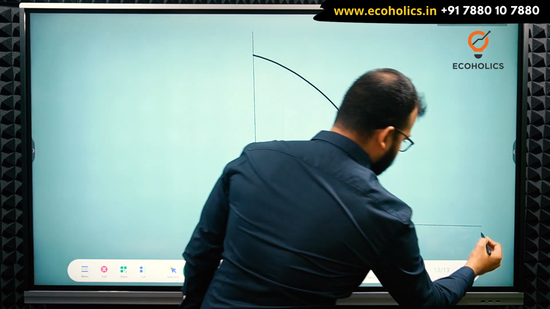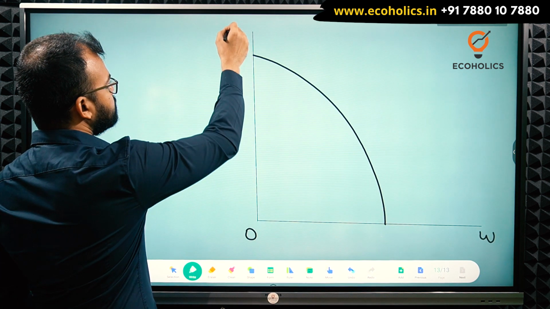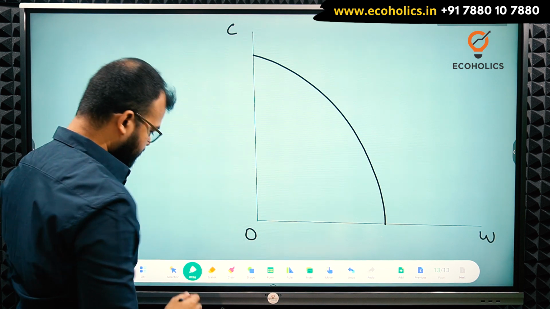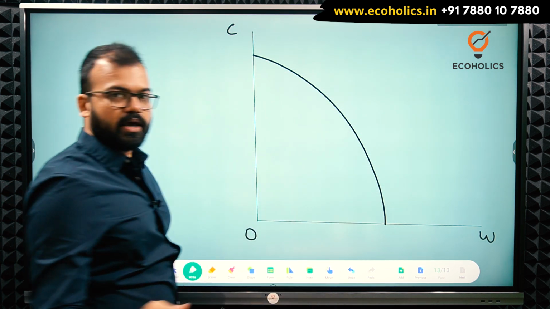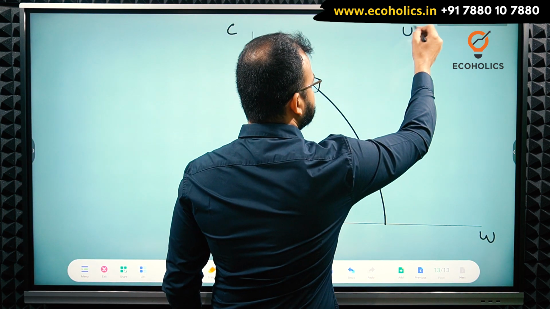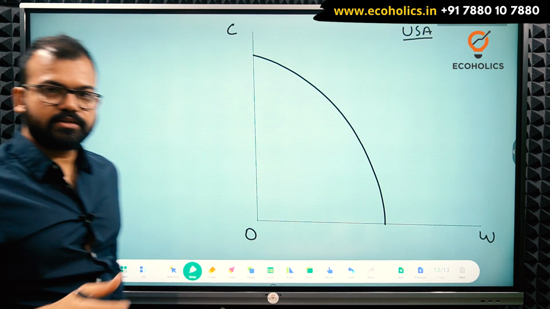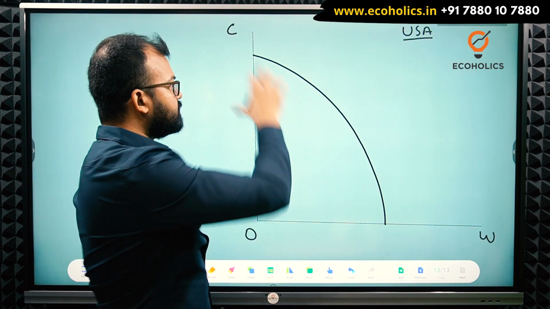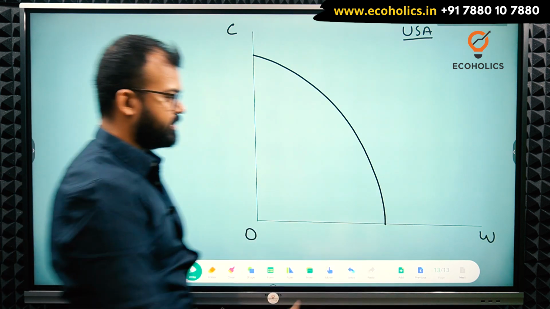On the x-axis we have wheat, as I explained in the last lecture, so please do watch that if you haven't seen it. This is the PPC curve where India and the US will engage in trade, and this is the PPC of the United States of America. As I explained in the previous video, the US is expert in cloth making and India is expert in wheat making.